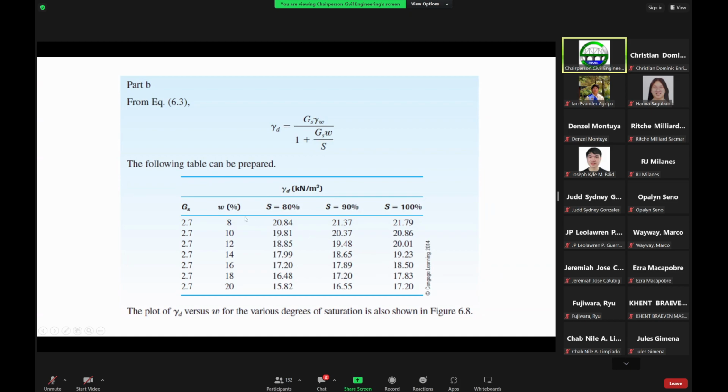So then you can plot the water content or the moisture content with respect to these values for an 80-degree curve, 90-degree curve, and 100% degree of saturation curve.